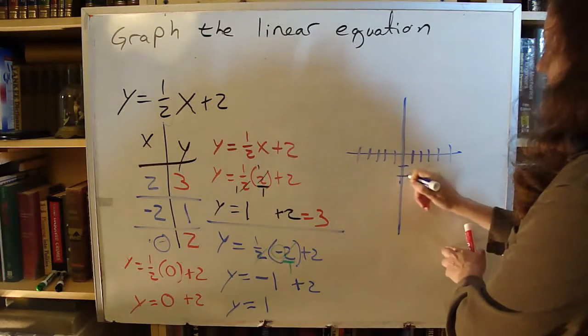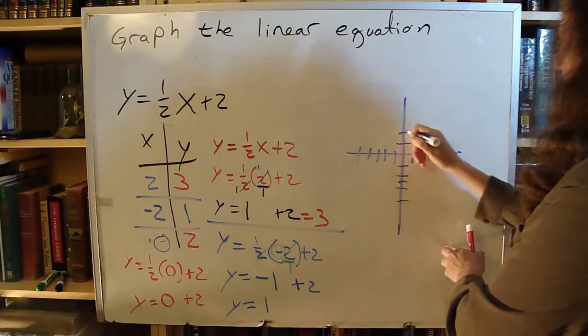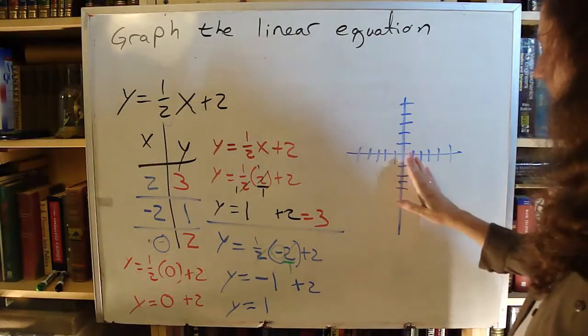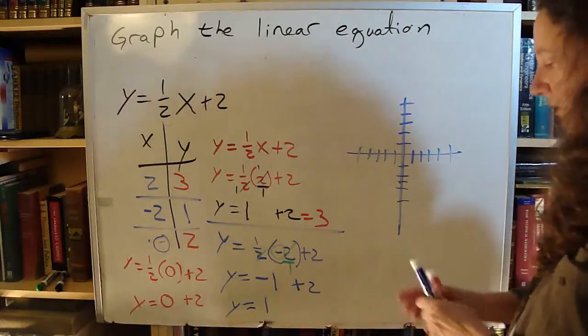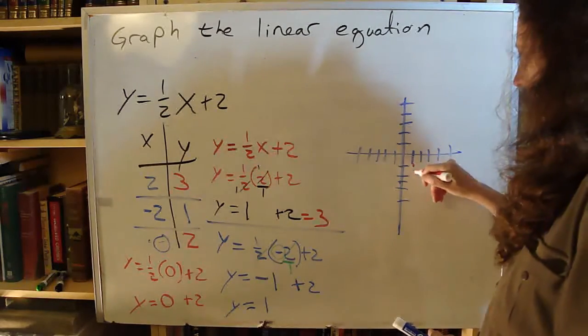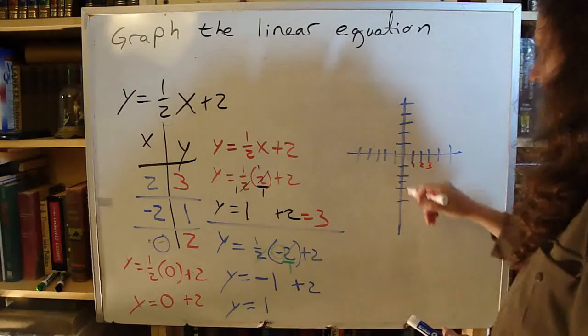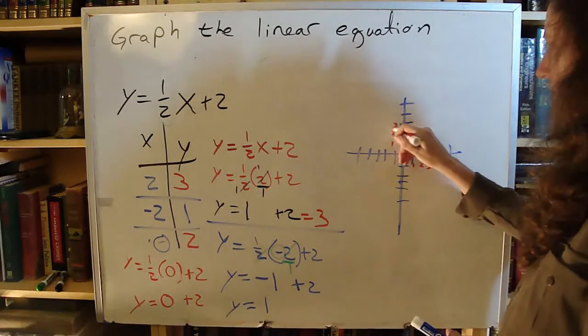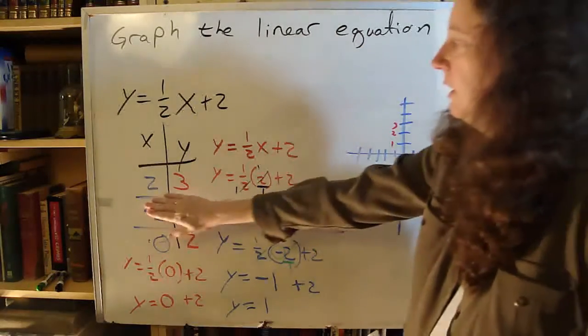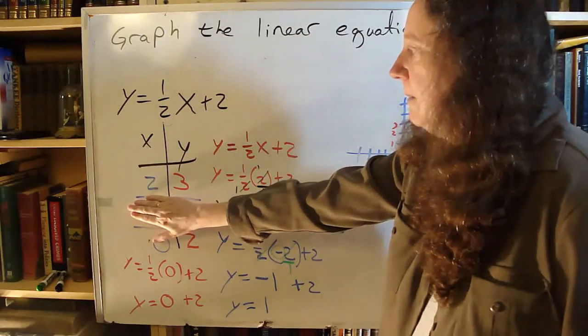Counting by ones. I tried to make everything about the same space apart. All those little lines are the same space apart. And I'm counting by ones. So that's 1, 2, 3. 1, 2, 3. So here I want to graph the point 2, 3.